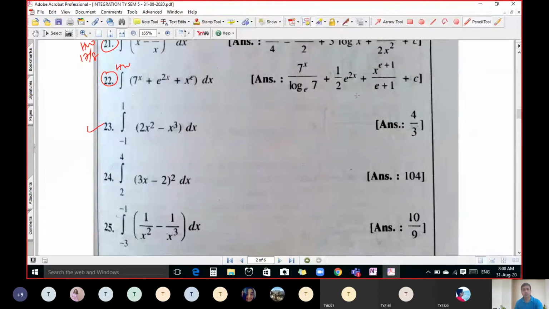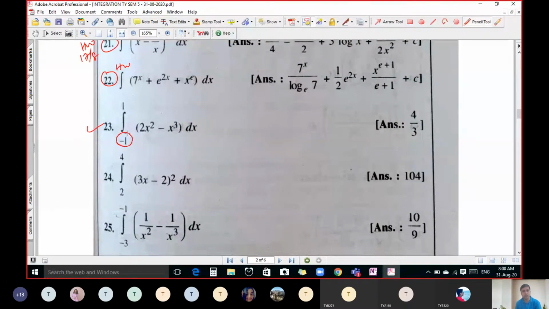Okay, so let us continue. Let us start with a different type of question. It is known as definite integration. Till now what we have studied is indefinite integration. In definite integration we are given a range.